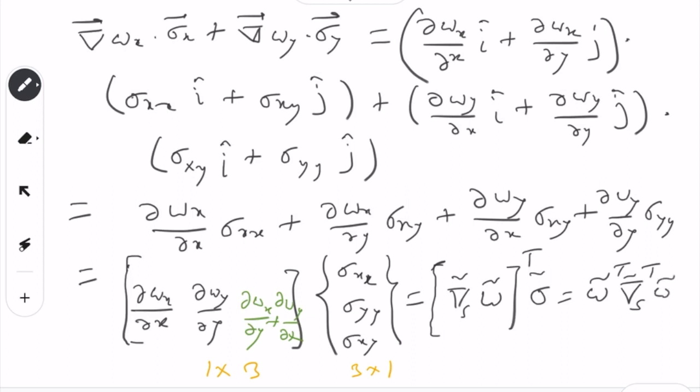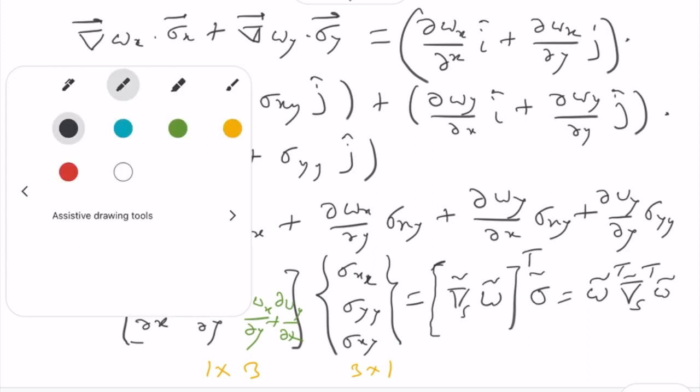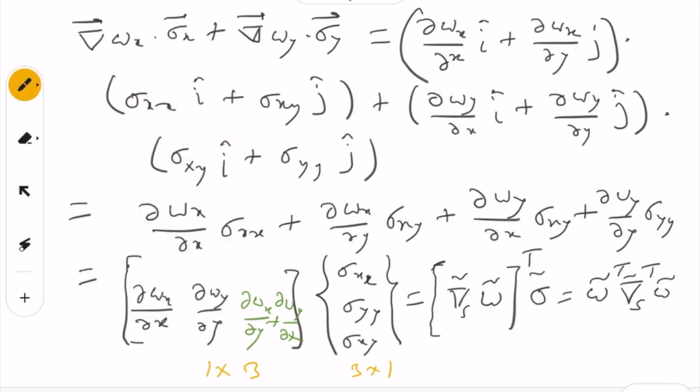Okay, so this is what we get. So that means we have combined one. One thing is this one, sorry, I think this will be sigma. Okay, this is sigma.